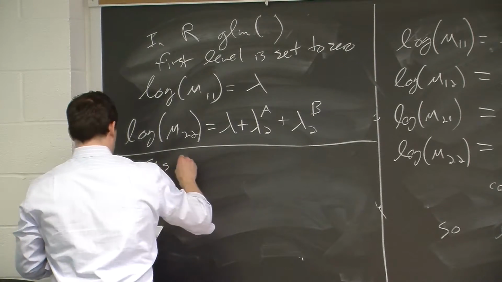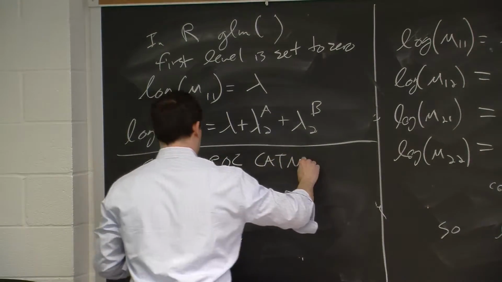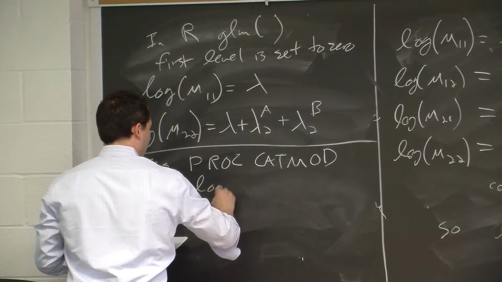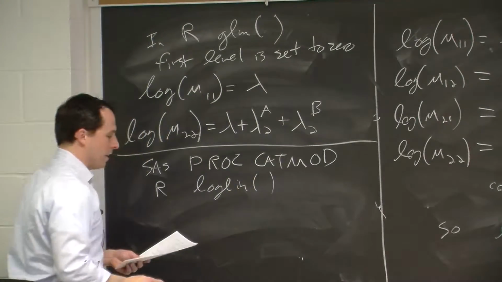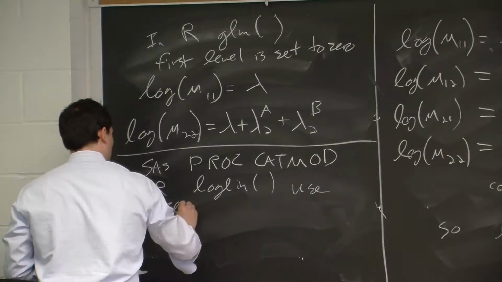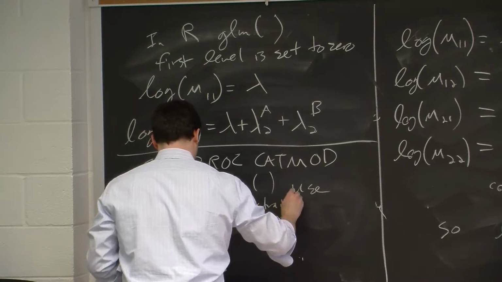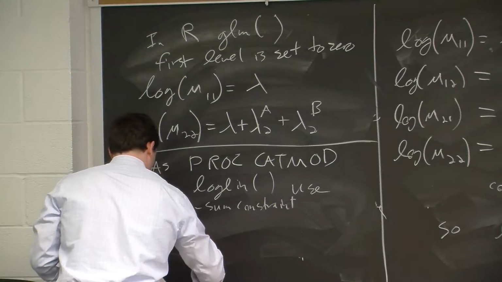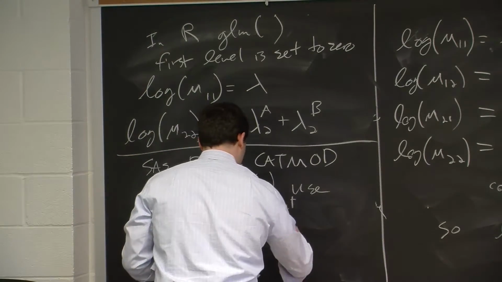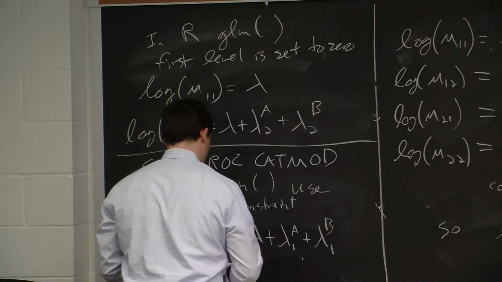In SAS, there's also a proc catmod. And in R, there's loglin. And these use that zero sum constraint. Log mu11 is lambda plus lambda 1a plus lambda 1b.